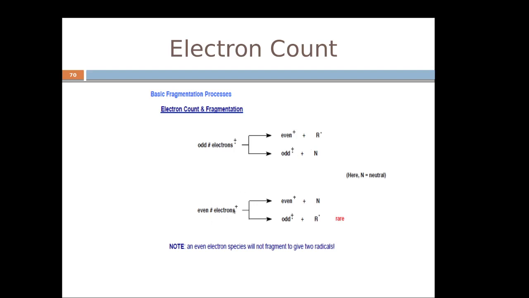But if the molecular ionic species is an even electron cation, then it could split into an even electron cationic species plus a neutral fragment. A rare scenario is that it could also fragment into an odd electron radical cationic species plus a radical, which is represented by R dot here.